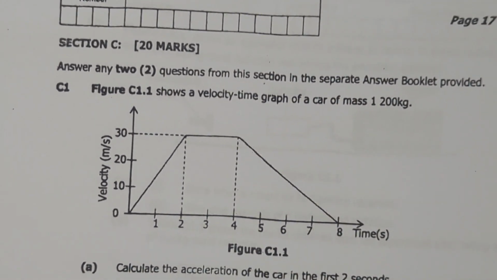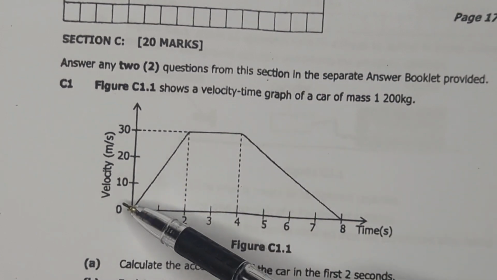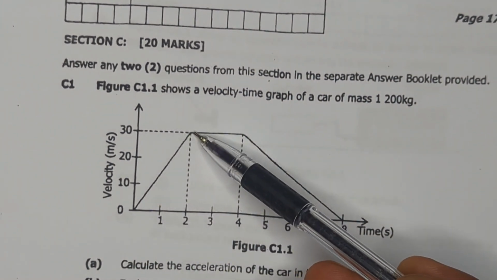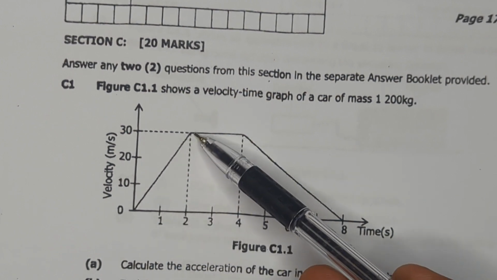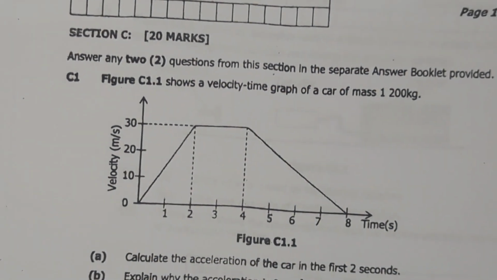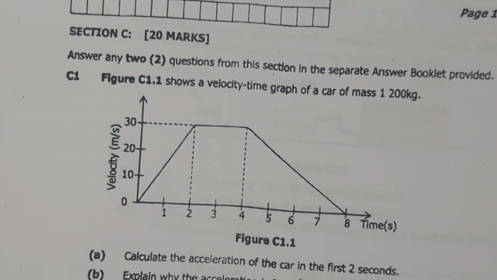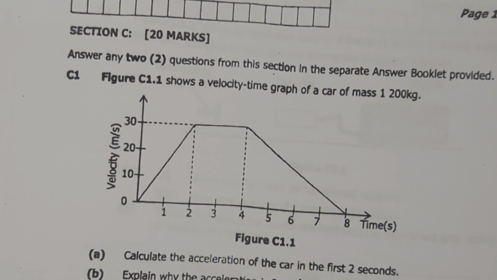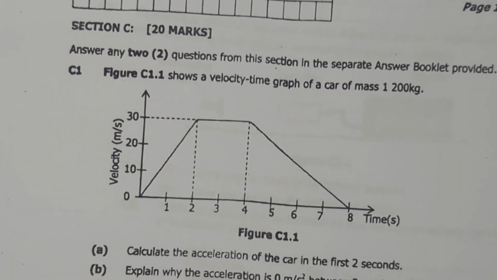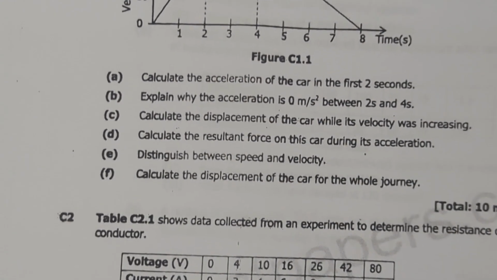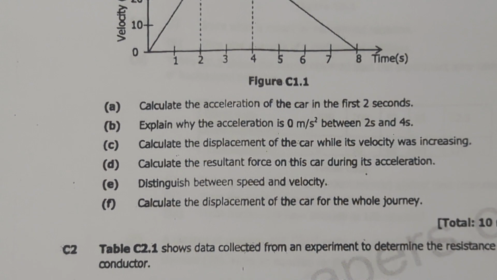Where the velocity is increasing, it is from this point to that point. So this is the part that we are dealing with. Now when calculating the distance or the displacement, the formula is determined by the shape. This shape here is a triangle.